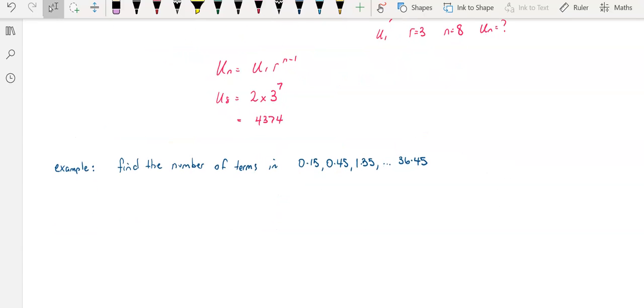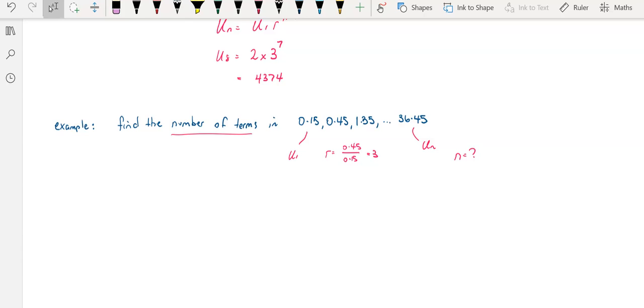Find the number of terms in this sequence here. Again, let's take what we know. u1 is here. Now, what is r in this case? 0.45 divided by 0.15, or 45 divided by 15. So r is equal to 45 divided by 15, which is 3. This is my nth term, un here. I don't know what n is. We're trying to find the number of terms, so that's what I'm trying to find, n.